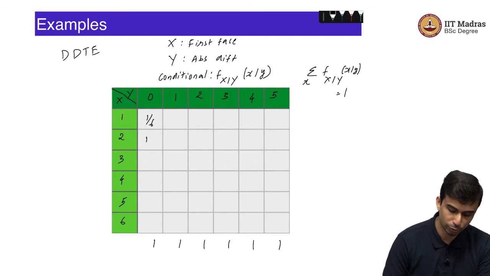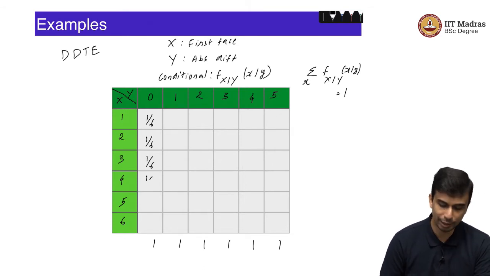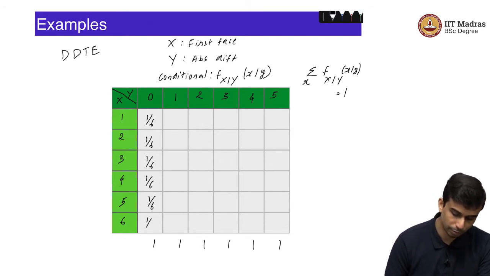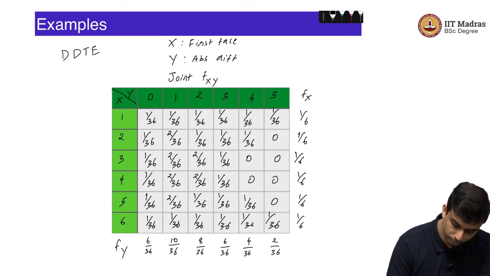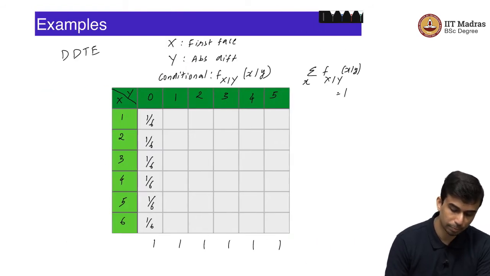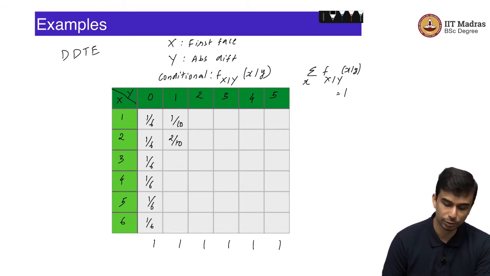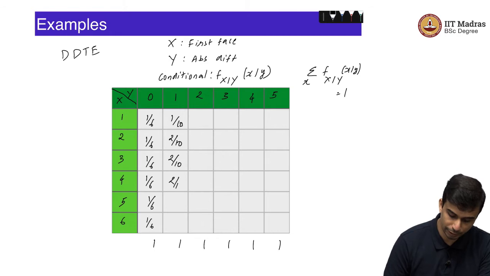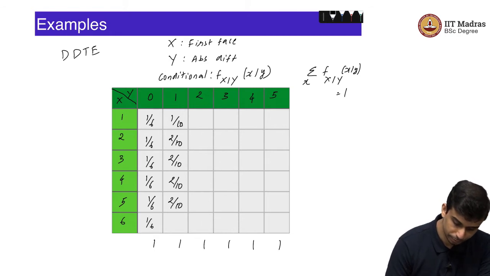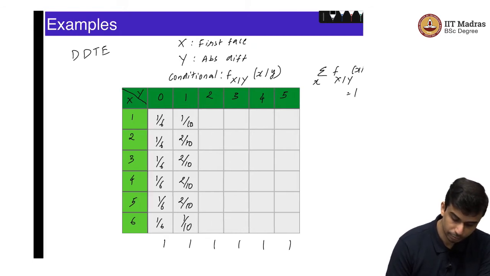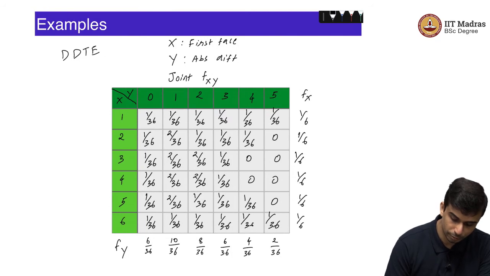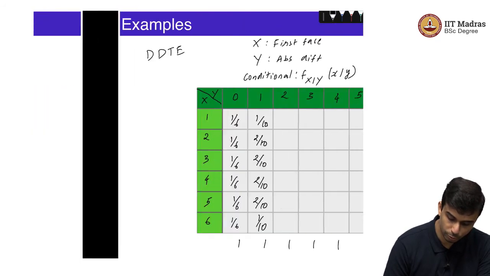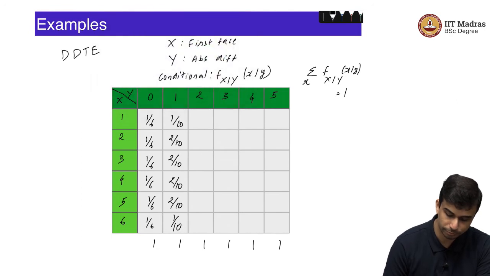So, if you do that, you take column 1 and divide that by 6 by 36, you get 1 by 6. Let us take the second column and divide that by f y. So, you get 1 by 10, 2 by 10, 2 by 10, 2 by 10, 2 by 10 and 1 by 10.